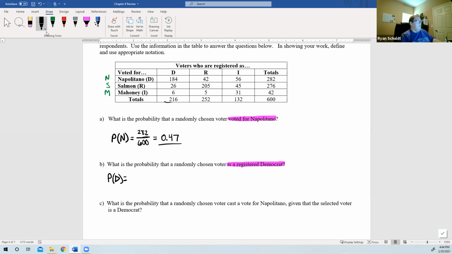Well, there's 216 Democrats out of 600. So 216 out of 600. Going to be 0.36.